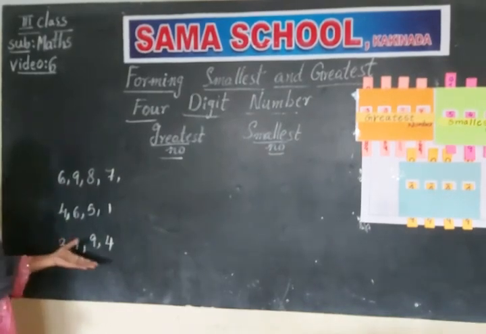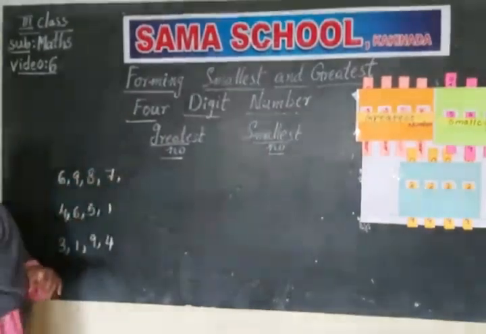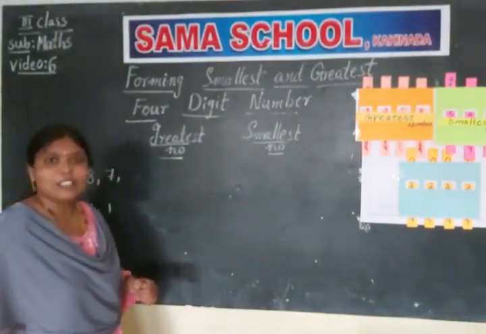Now I have given digits. You have to write the greatest number and smallest number.